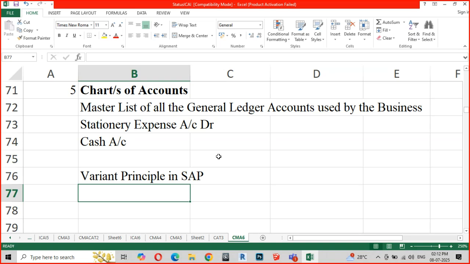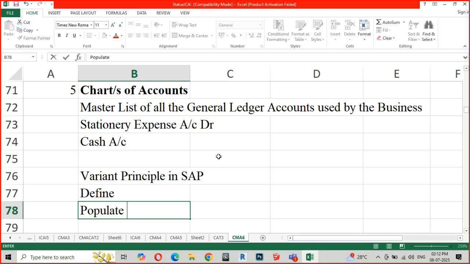So what do we exactly do here? We define an element. We populate this element with information. For example, if I say chart of accounts, I define the chart of accounts first. I create the chart of accounts. Then with what is it created?